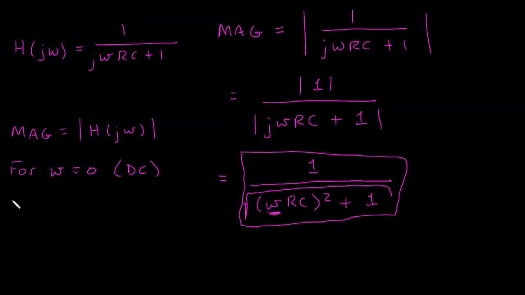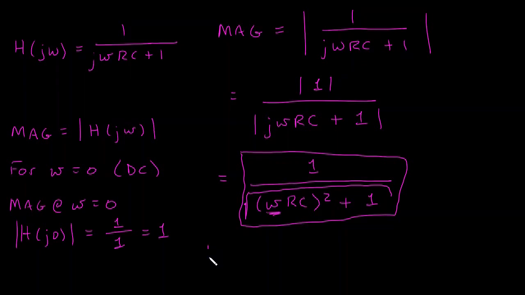The magnitude at omega equals 0 is the magnitude of H of j0, which just equals 1 divided by 1, which equals 1.